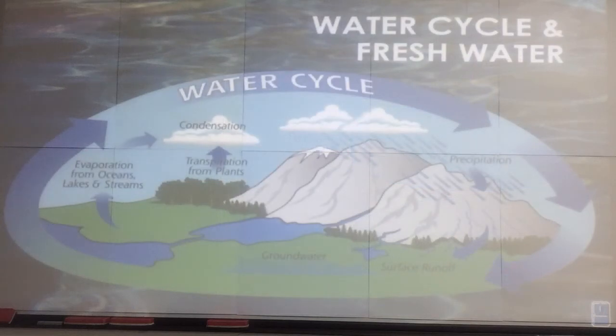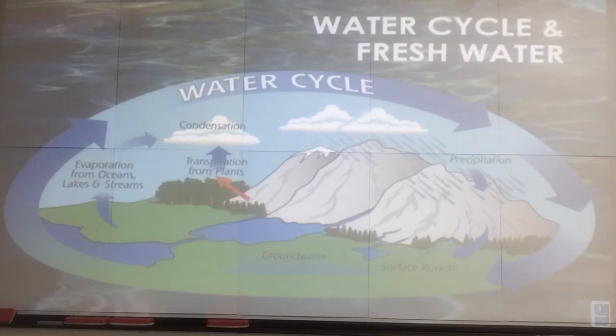This is a diagram of the water cycle. What happens is the sun warms the surface of the water, and that water changes from a liquid to a gas. When it becomes a gas, it rises to the atmosphere. But not only from our oceans and our lakes does this evaporation happen, but also from plants, when they finish photosynthesis, it releases water into the air called transpiration.